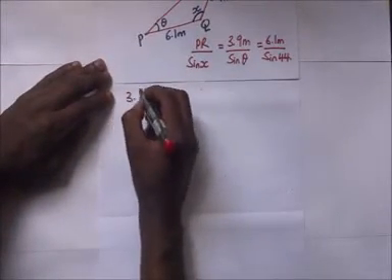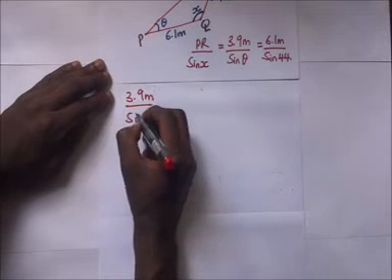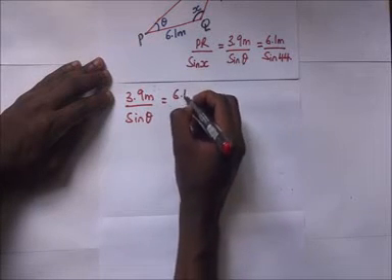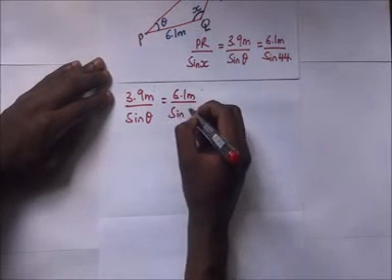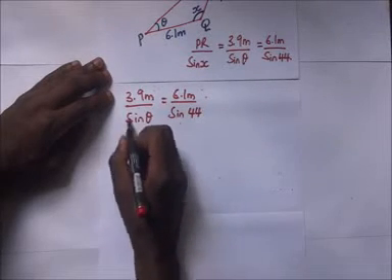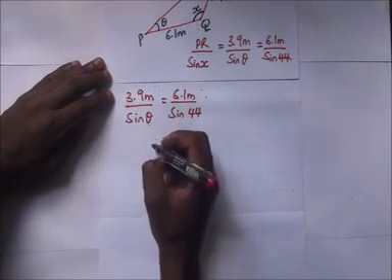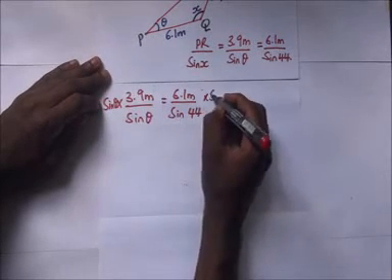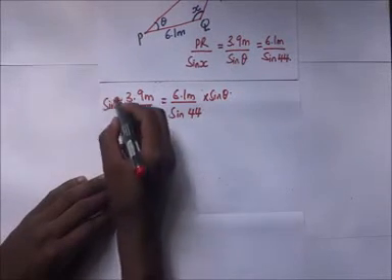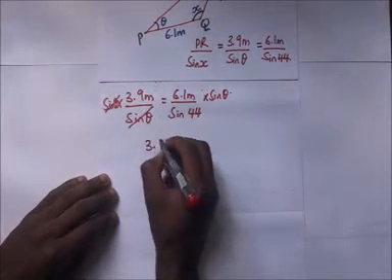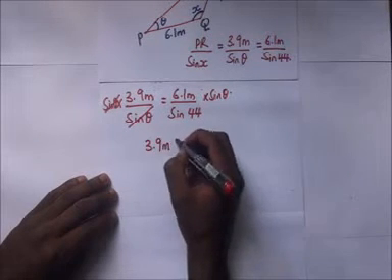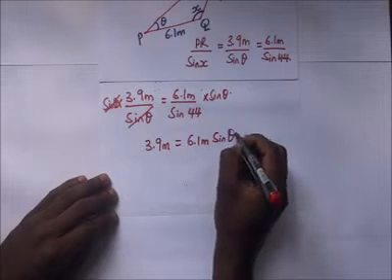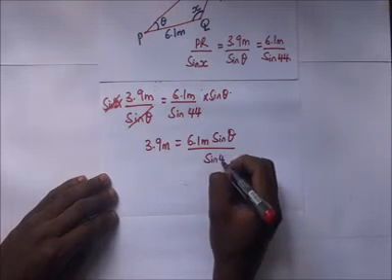So 3.9 over the sine of theta is equal to 6.1 over sine of 44. We make sine theta the subject of the formula. When we multiply by sine theta on both sides, this goes with that, and we remain with 3.9 meters equal to 6.1 meters times sine theta over sine 44.